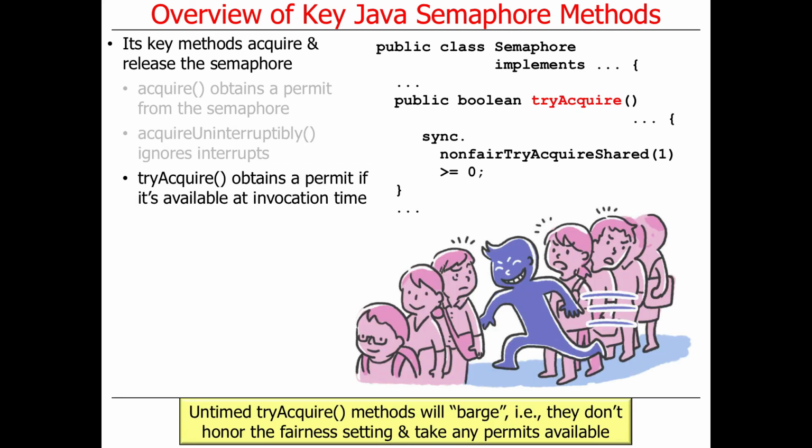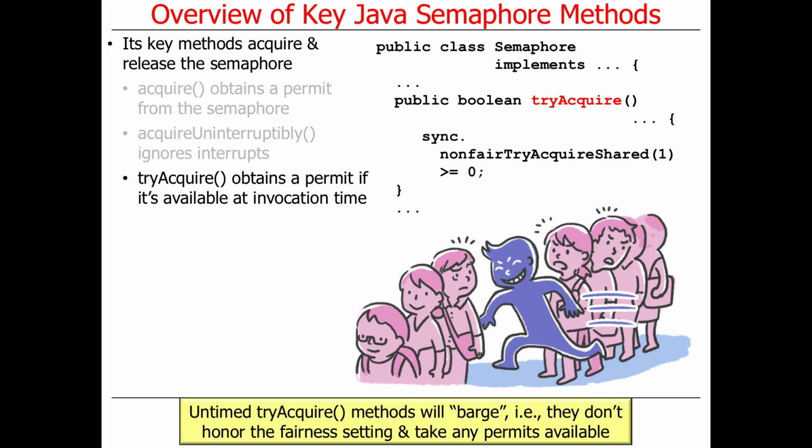There's also something called try acquire, and this uses a non-blocking acquire, which obtains a permit, in this case of 1, if and only if it's available at that moment. So if there is a free permit, then try acquire will acquire it atomically. But if there is no permit, it won't block. It'll just return with a false value. And this is kind of bizarre, really odd, and there's actually a good explanation for it.